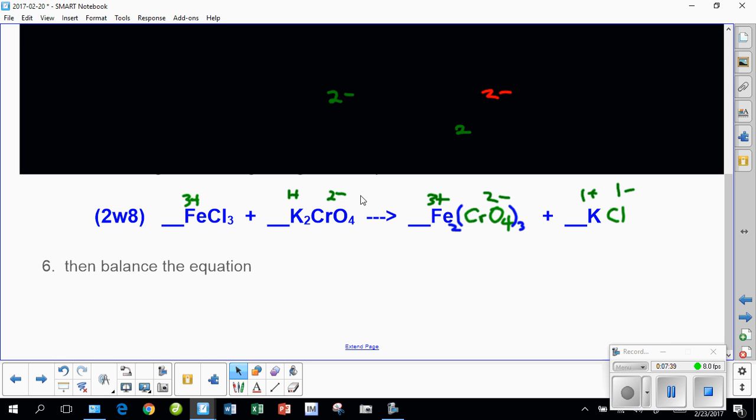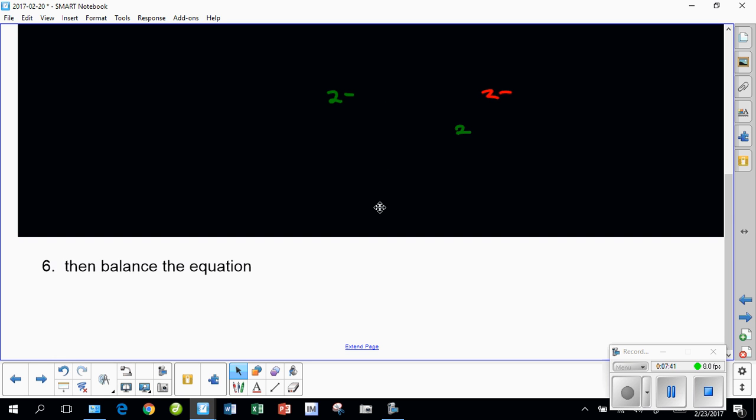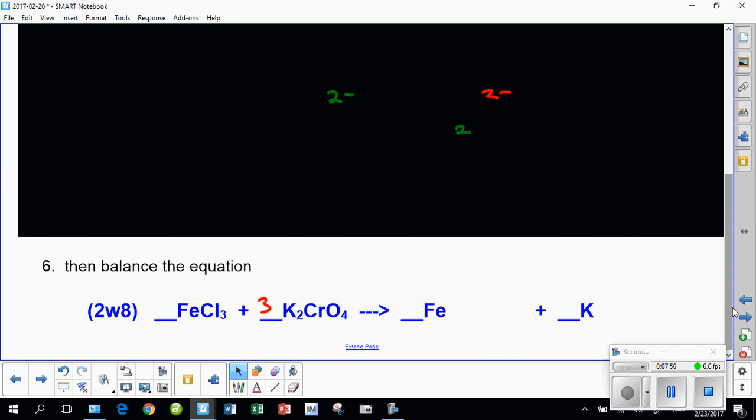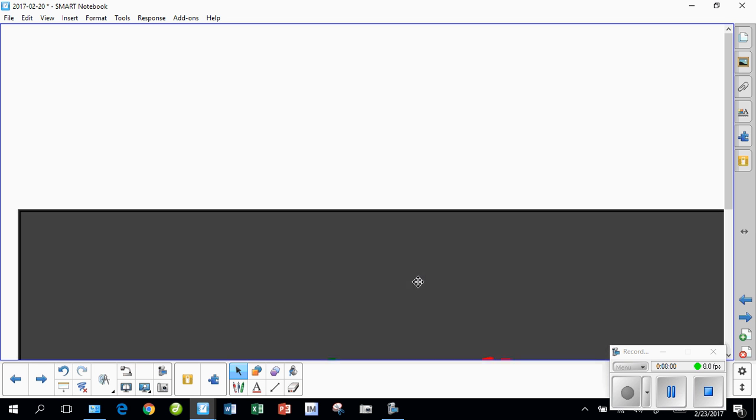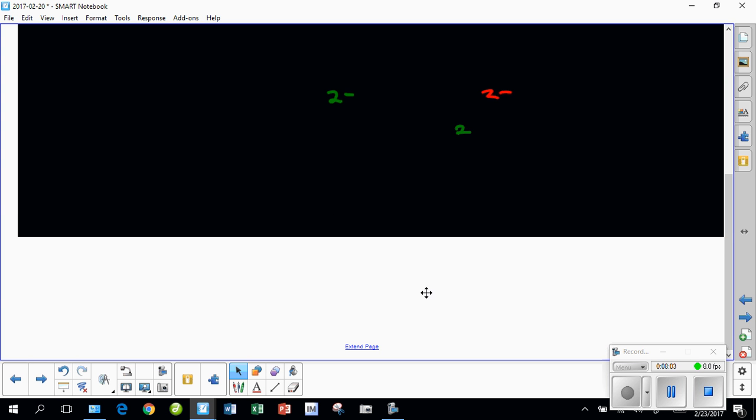And of course, our next step is going to be to take what we've just created and figure out, first of all, what things we have on each side. Now, the way I figure this out is I take it an atom at a time.